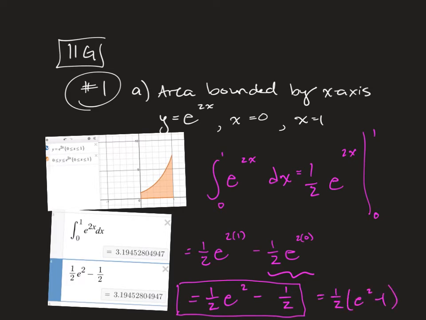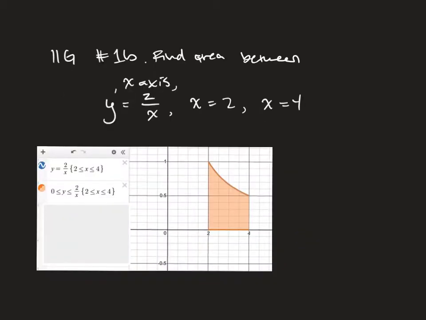Okay, let's move on to B. In this case, we're going to do the integral from 2 to 4 of 2 over x dx, and that is going to get us 2 times the natural log of x from 2 to 4.